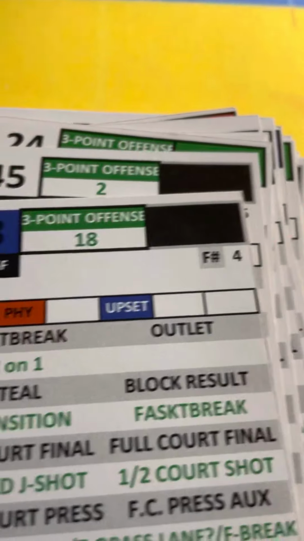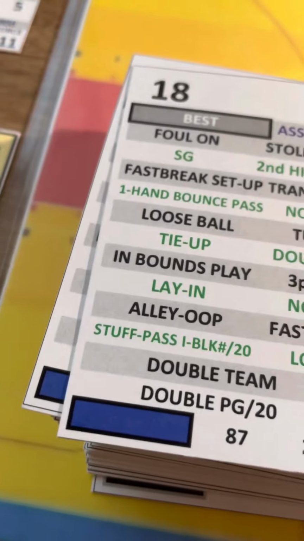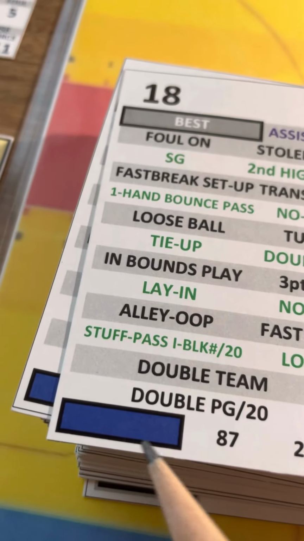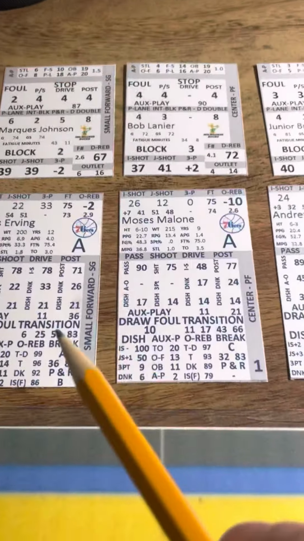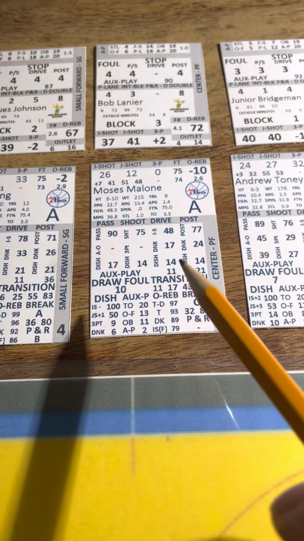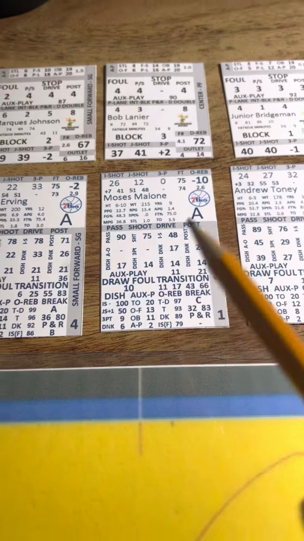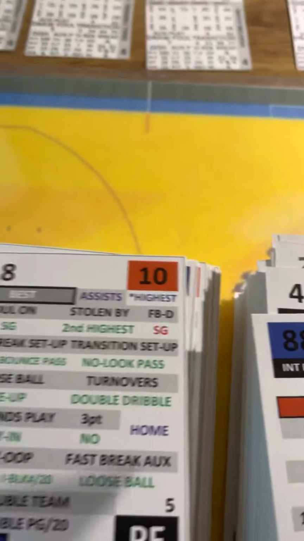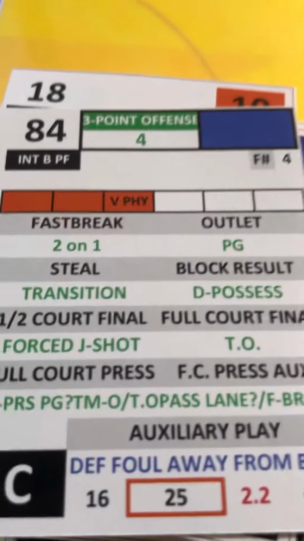If there's no one listed there, you would go here and take a look at this. And the blue option, in this case, if it was the Sixers, the blue option is Moses Malone, so you would see Moses Malone leading transition. Yikes. Scary, I know.